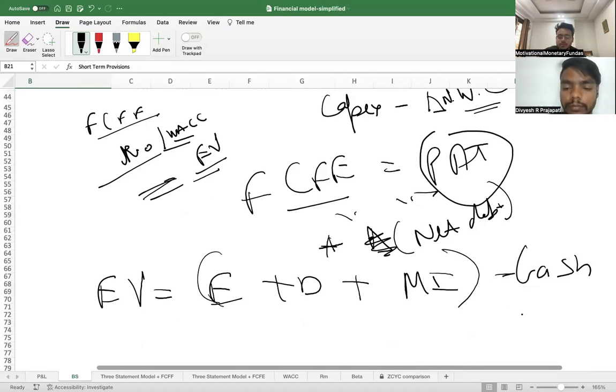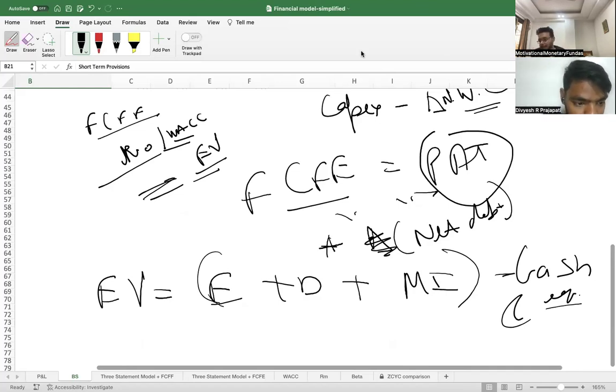Here we are taking the market value of equity, not the book value. Market value is the current value of equity trading in the market. Book value is the value of equity at the time you invested in that company. We are not concerned with that; we need to know the value as of today. Same for market value of debt plus minority interest.